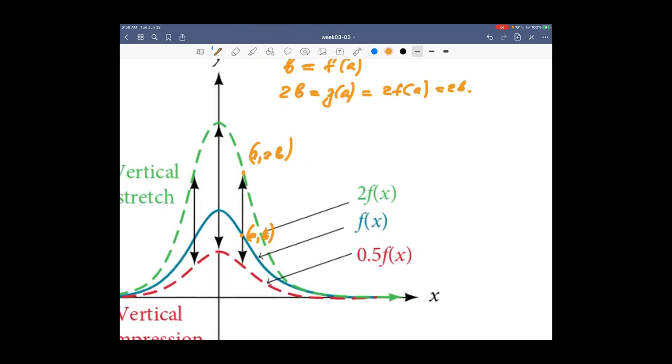If you put a factor 1/2 in front of f, you can say you're stretching with a factor of 1/2, but I prefer to say compress with a factor of 2.